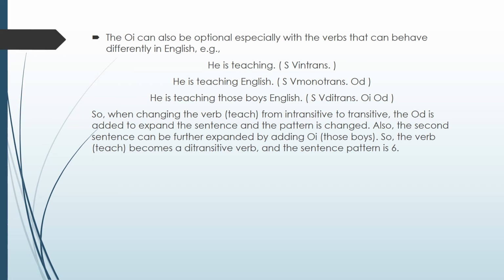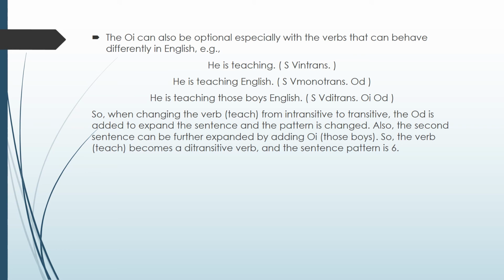For example, when I say he is teaching, I am here having a sentence with a complete idea, consisting only of the subject he, followed by is teaching as the verb. And you know that teach is a verb of action, but it does not need here an object to complete its meaning. So it is an intransitive verb, and the sentence belongs to pattern number 7.